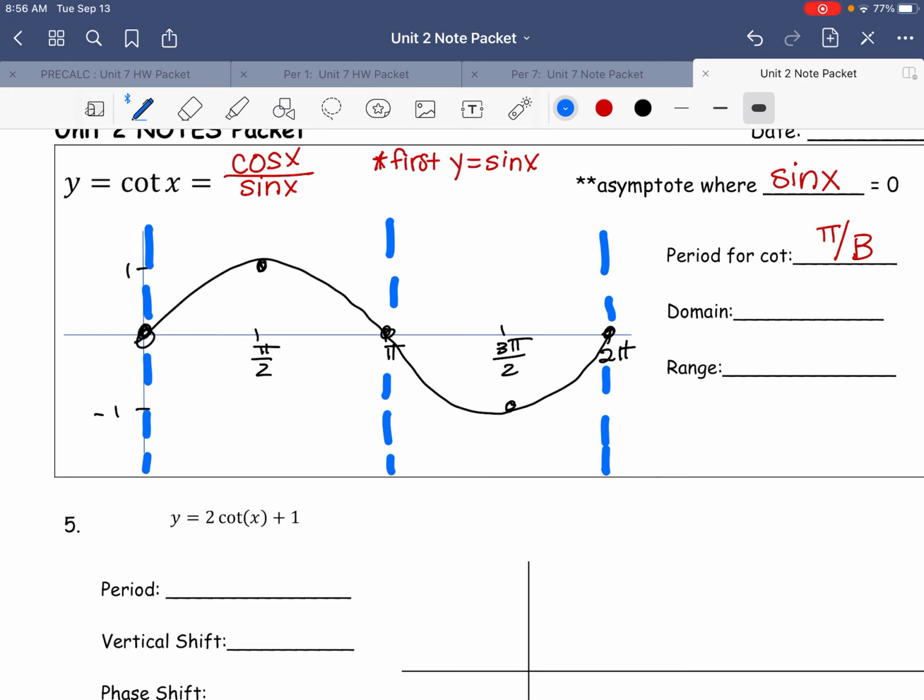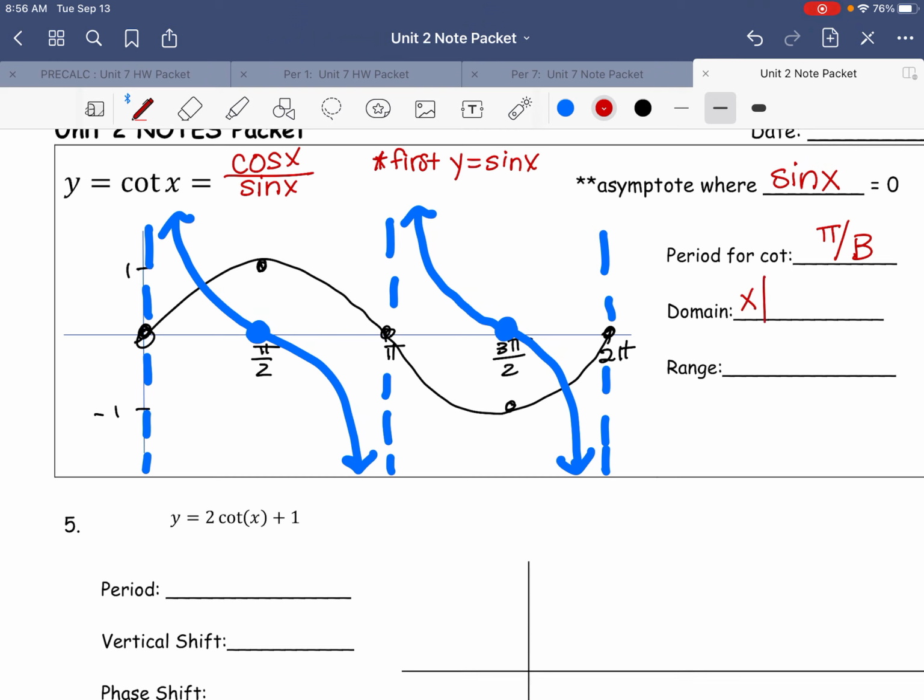And then the only difference between tan and cotan is they are still going to have a point on the axis right in between the asymptotes, but cotangent goes down as we go left to right. So a positive cotangent always goes down. See if you can come over here and fill in your domain. X such that x does not equal, you can list any asymptotes.